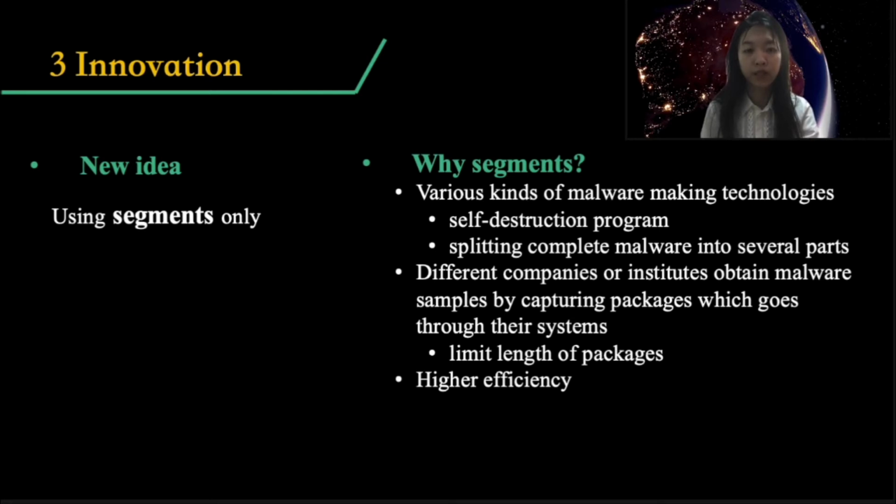And we want to detect whether the data held in one packet is malware. The third reason is higher efficiency. We can see that it's really better to only use a small segment to get the final results. It saves time and energy.